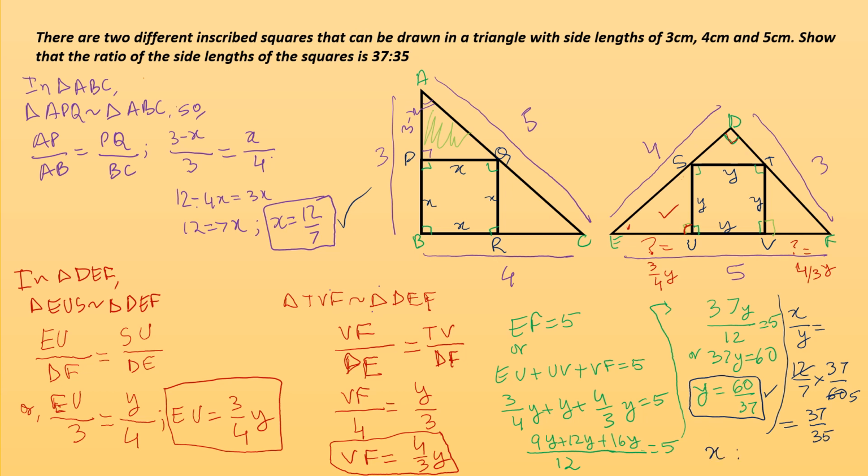So X is to Y equals 37 to 35, which is what the question is asking us to do.